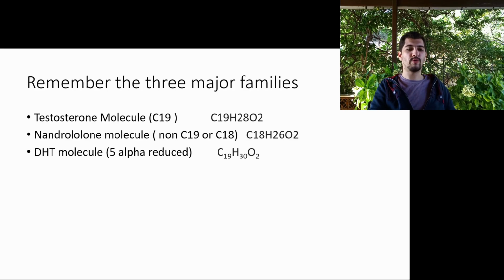So also we have the DHT molecule itself, and DHT is 5-alpha reduced testosterone, and it results in having a different molecule. And when a molecule is 5-alpha reduced, it does not lose the carbon number.